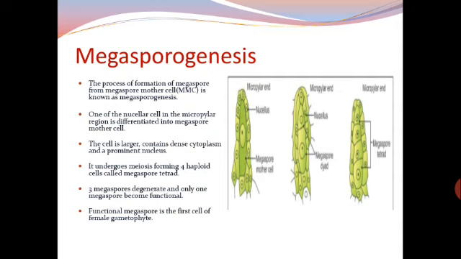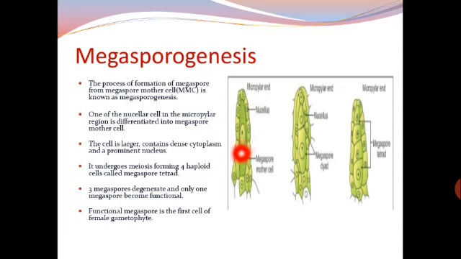This cell is larger, contains dense cytoplasm and a prominent nucleus. As you can see in the diagram over here, the megaspore mother cell is quite larger and has dense cytoplasm and a prominent nucleus.